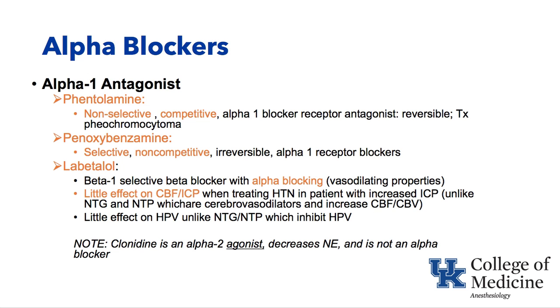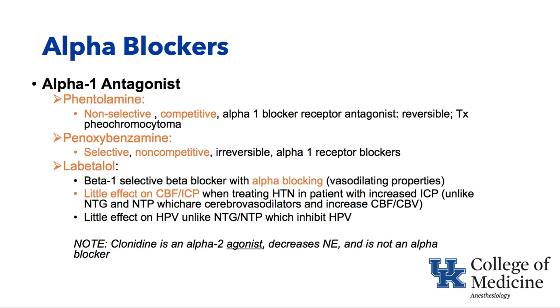We use labetalol fairly frequently, and we think of it as a beta blocker, but remember also that it has alpha blocking effects, so it can slow the heart rate and vasodilate, decreasing the blood pressure. Interestingly, labetalol has little effect on cerebral blood flow and intracranial pressure when you're giving it to patients who are hypertensive and, let's say, have increased intracranial pressure.